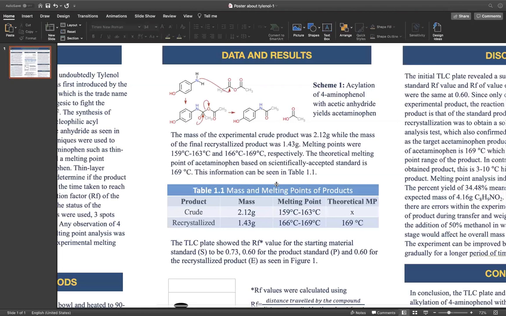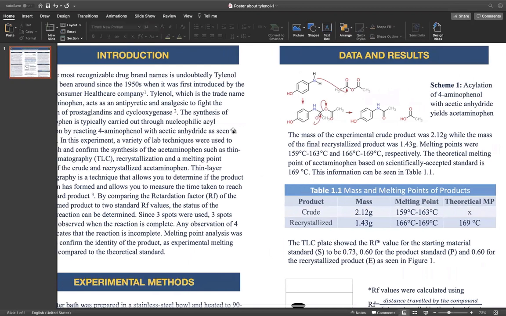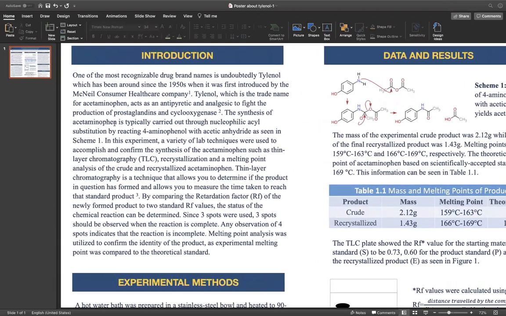And then a better spot for this reaction mechanism is really right within the intro. It says that the synthesis of acetaminophen is typically carried out through nucleophilic acyl substitution by reacting aminophenol. That's one way of forming the acetaminophen, as seen in scheme 1.